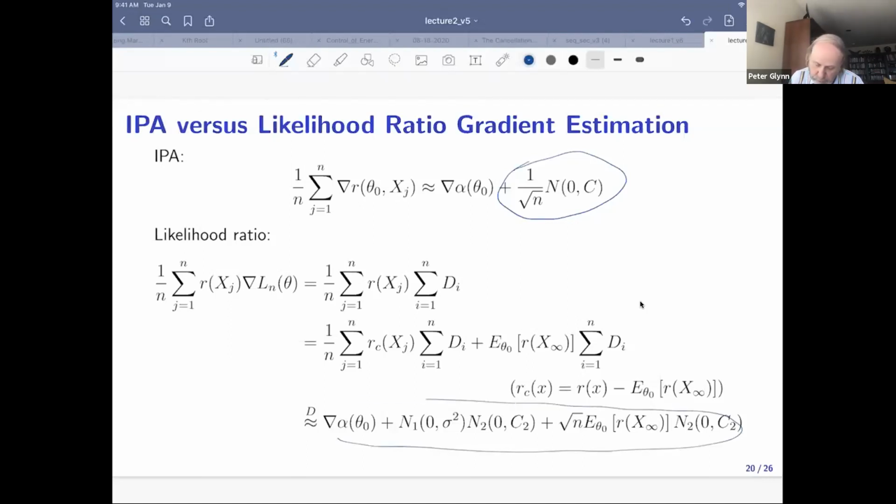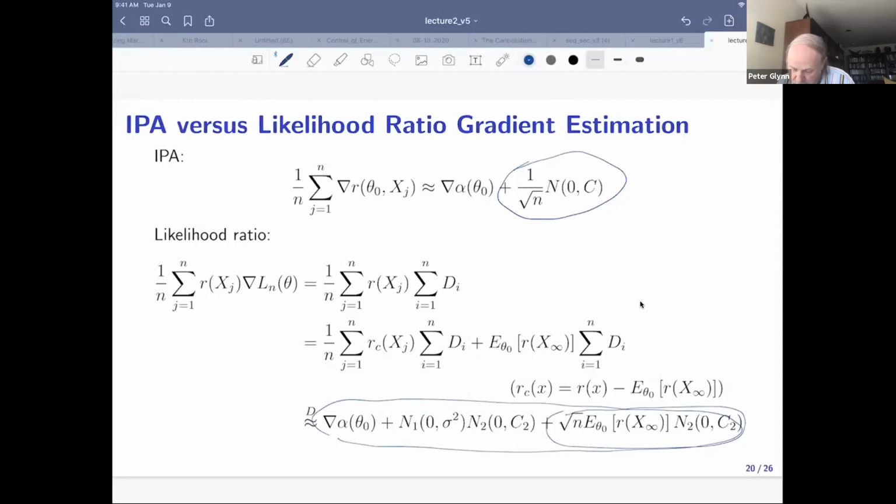I'm not going to go through the derivation. You can easily follow, roughly speaking, what I've done in these first two lines. But the key thing that you can see here is that rather than the error going down at rate 1 over root n, the error is actually increasing at rate square root of n, which is not too good.